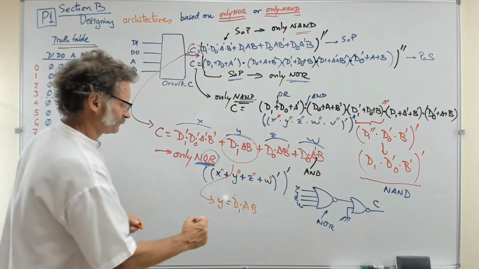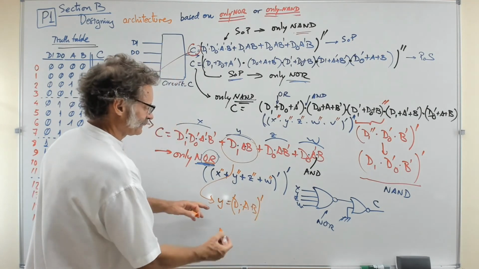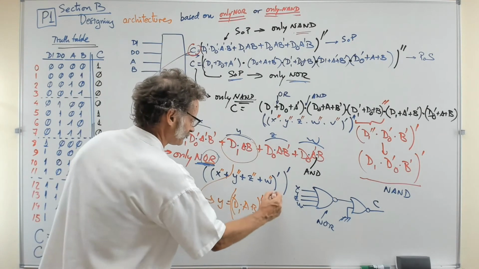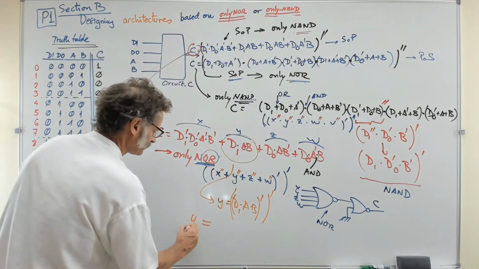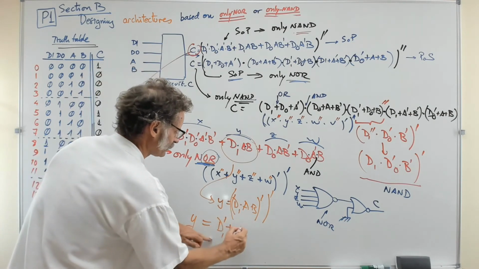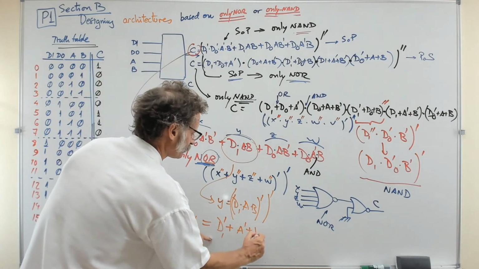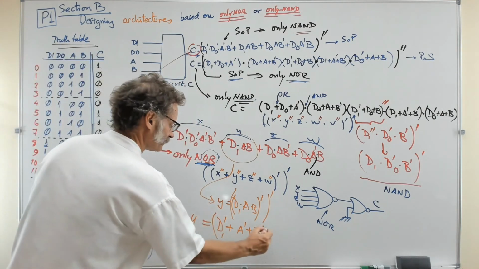But now, you see, this term, the Y, is inverted, and then inverted again. So what happens here? Well, the Y becomes D1 NOT, or A NOT, or B NOT, and a final NOT.